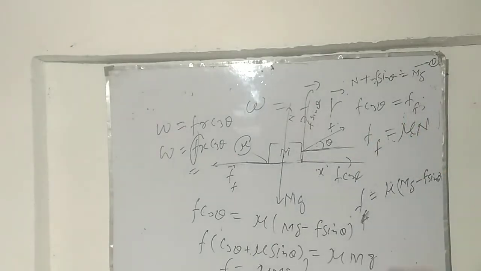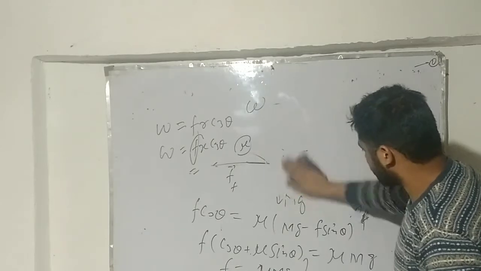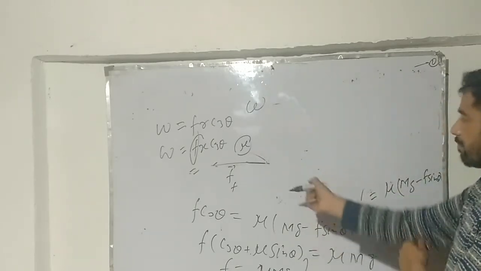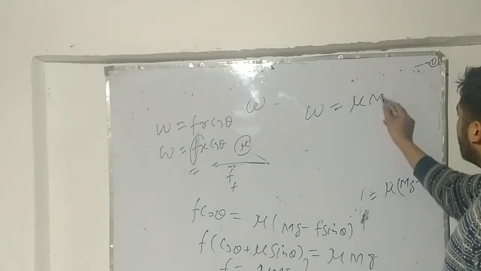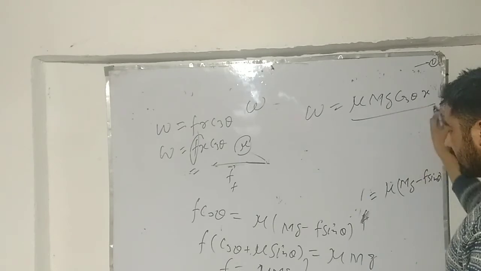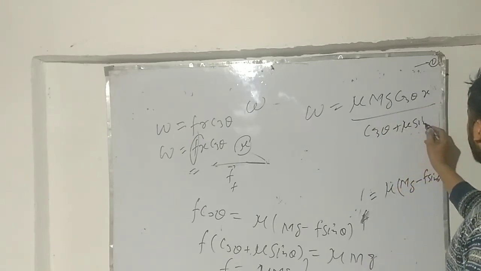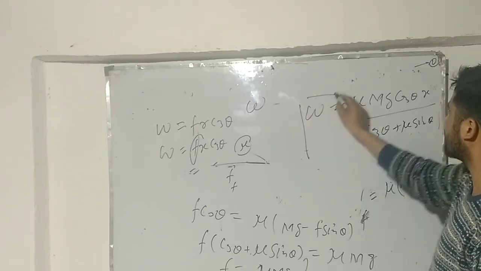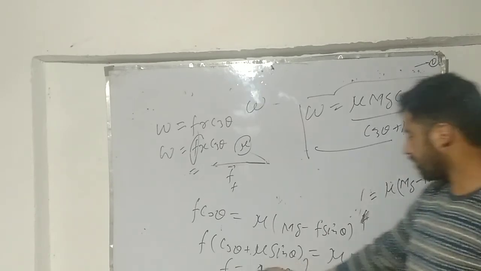What will be the form of that work done? My work done in this process will be simply mu mg cos theta x over cos theta plus mu sin theta. And this is my work done by the force F here.